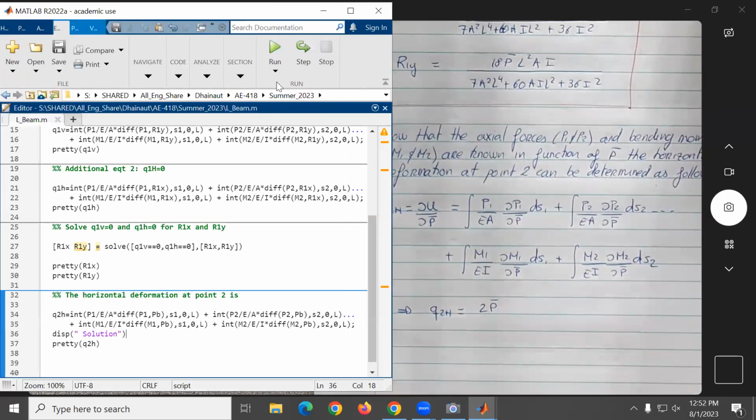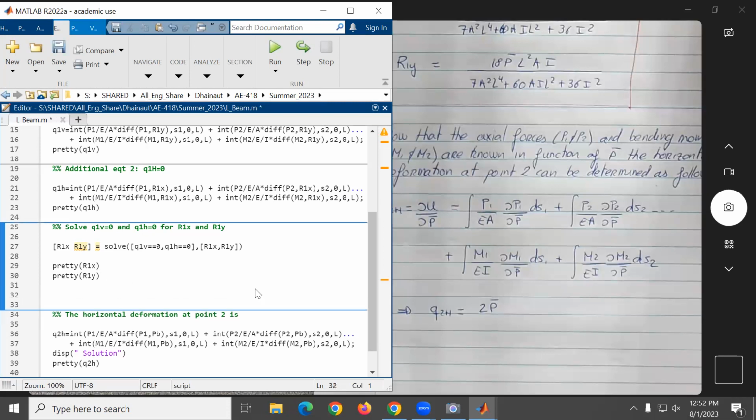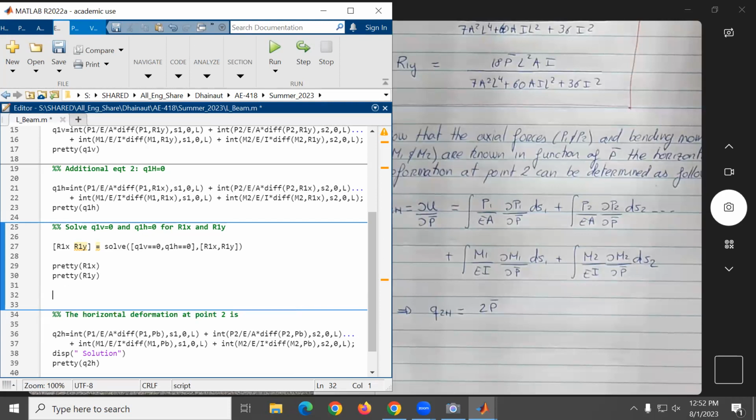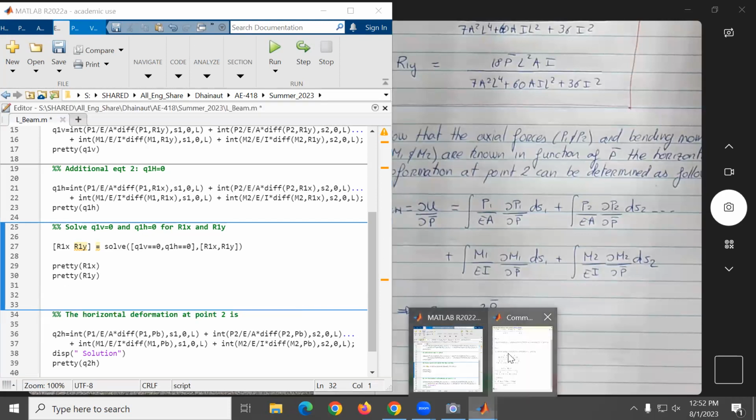So why is it not replacing R1X by the values? I need to do a copy paste, do you think I need to redefine it? Well, once you solve Q2H, you need to use subs. Okay, so what can I say here, like P1? All right, the quick way to do this, hold on one second, let me do it quick because we don't have time. I'm sure there is a more elegant way.